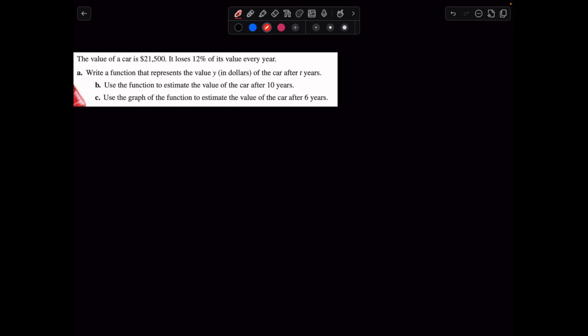So your car is losing value. So this is decay. So y equals a, 1 minus r, to the t. So your A is 21,500. Your R is 12%, or 0.12. And T is the time in years. All right, so now plug things in.